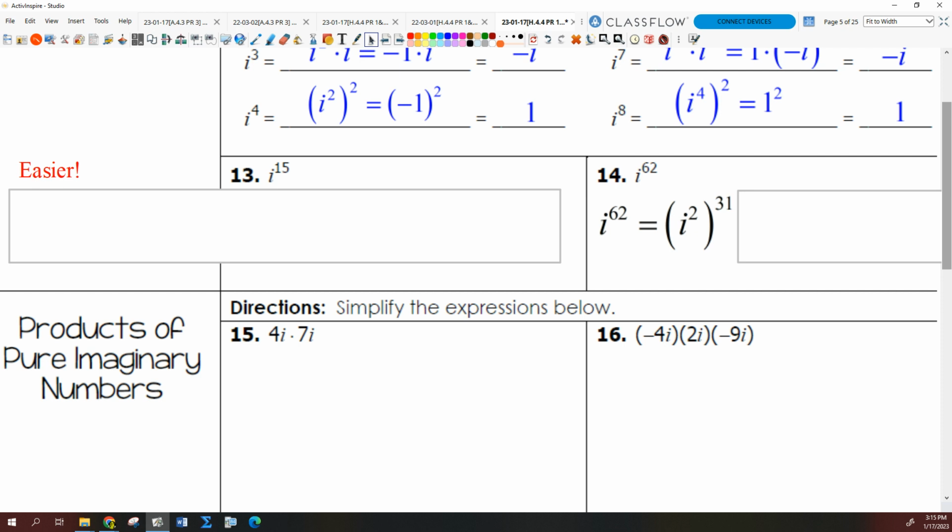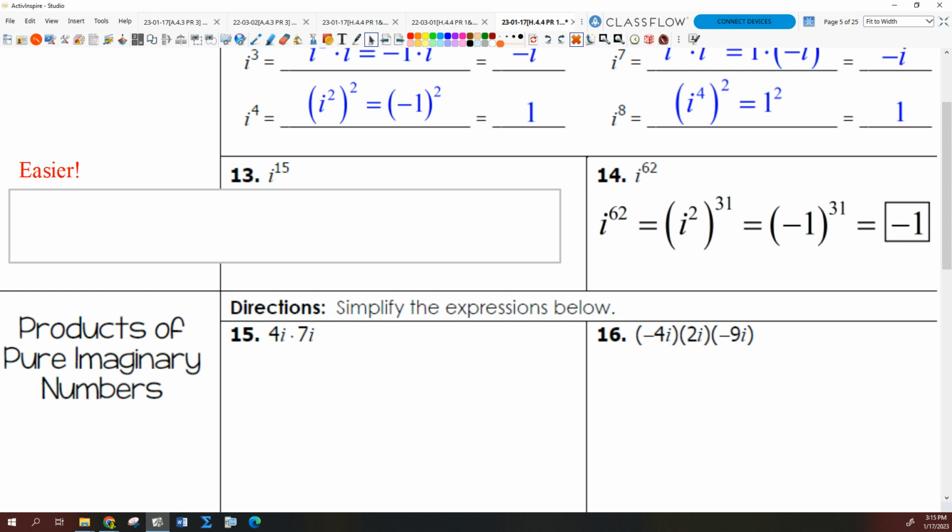What's -1 to an even power? 1. So if I have an even power of I, it's always either going to be 1 or -1. We have to determine which one. So in this case, -1 to an odd power is -1.